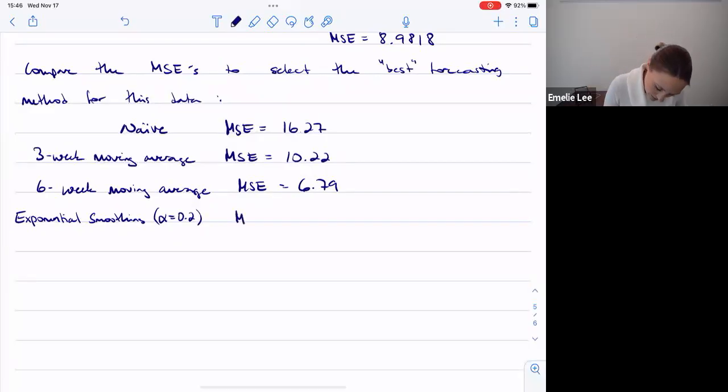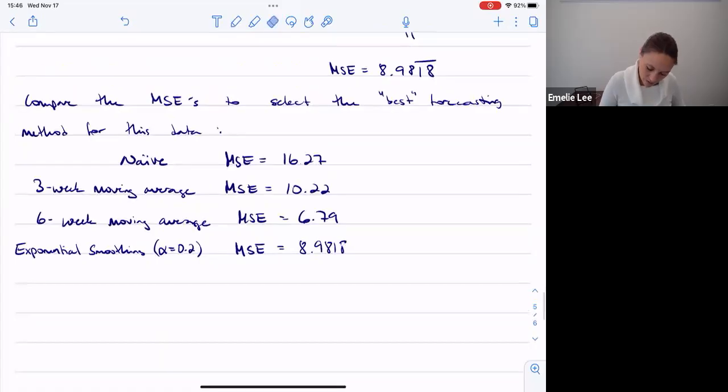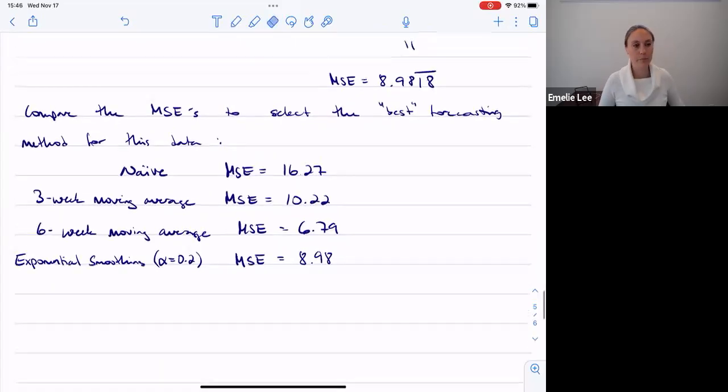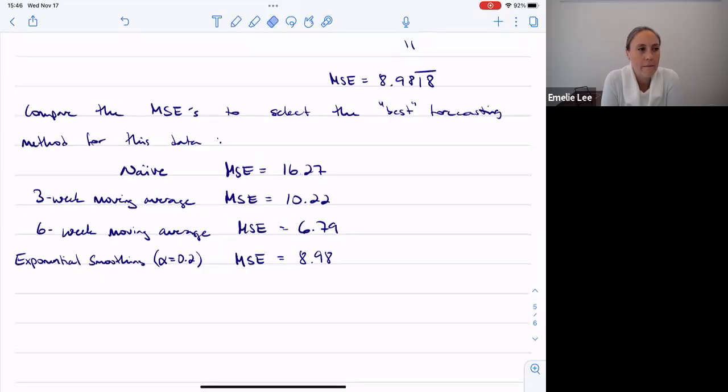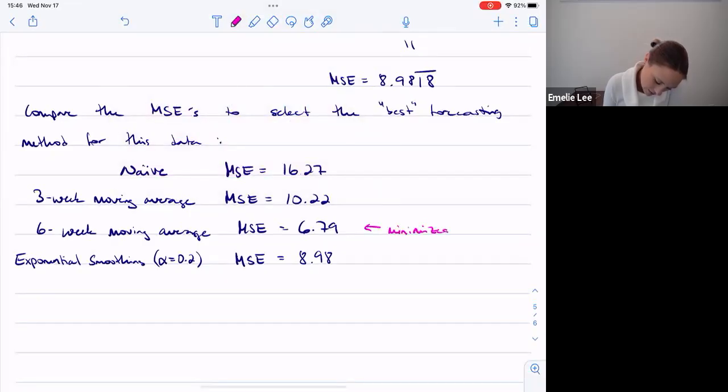But here we have a mean squared error of 8.9818. And maybe I'll just cut it there. Yeah. Nice. So out of these ones, we would still pick the 6-week moving average, right? So this one minimizes the mean squared error. So that one is the one that we would pick.